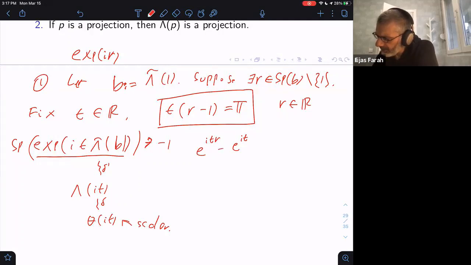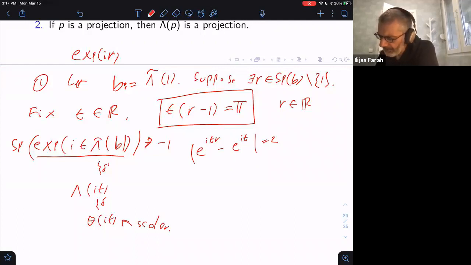So the distance between them is 2, I think, right? So if you divide by e to the i t, you get, yeah, right.